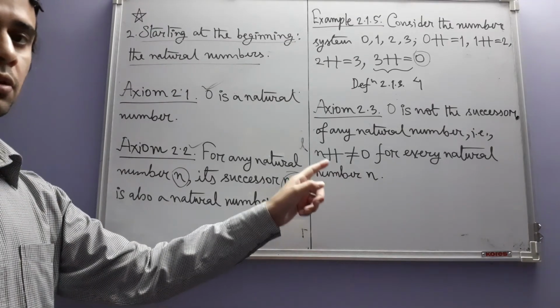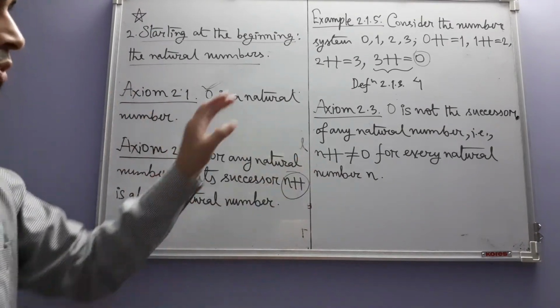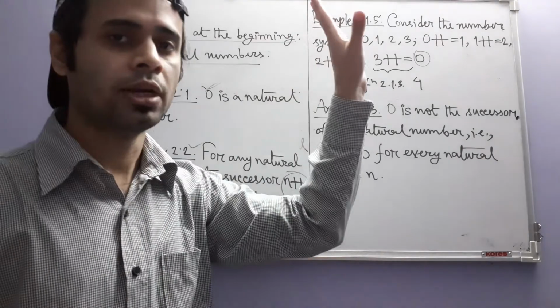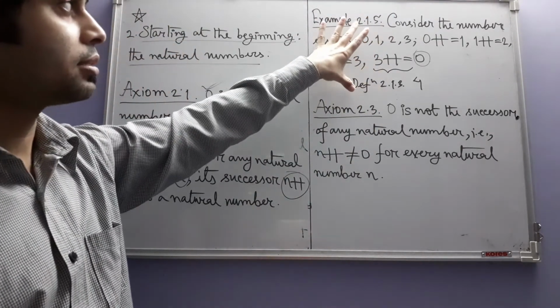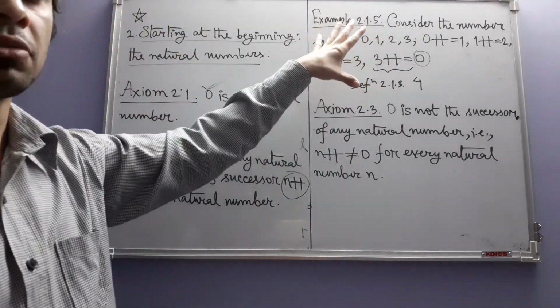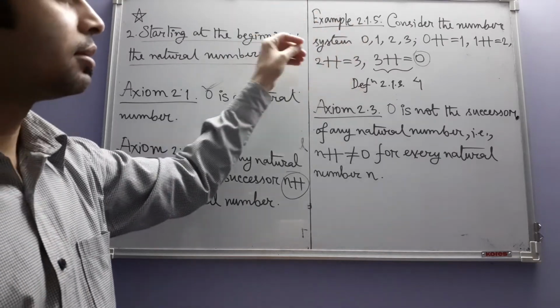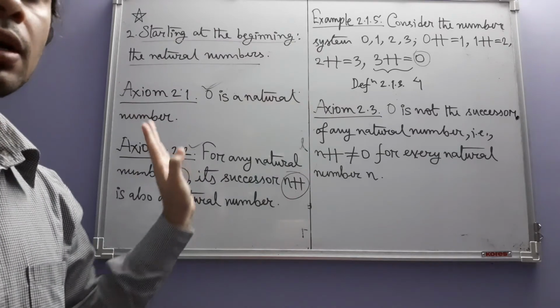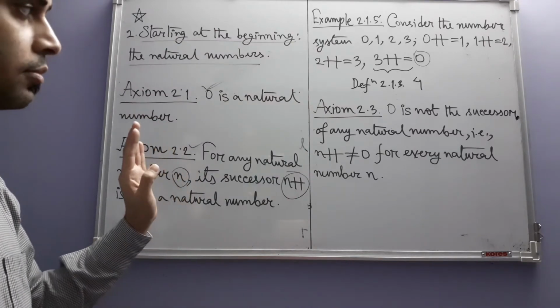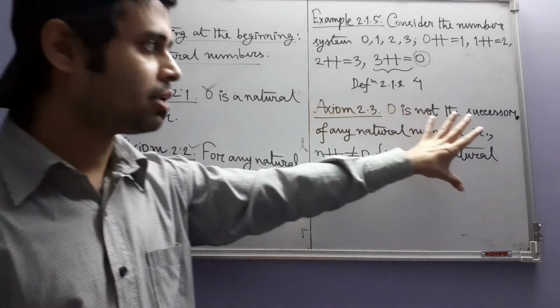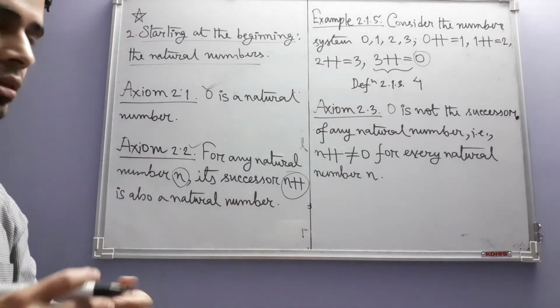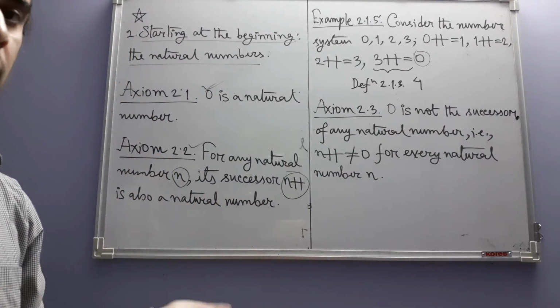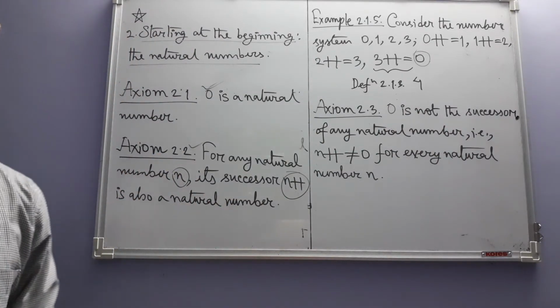So if we include this additional axiom, then this example is ruled out. Whoever gave me this as an example of a system of natural numbers, it's gone. Okay, so one difficulty is gone. So now we have a new axiom, and it now seems that everything is okay. Now life is again back to normal, right?